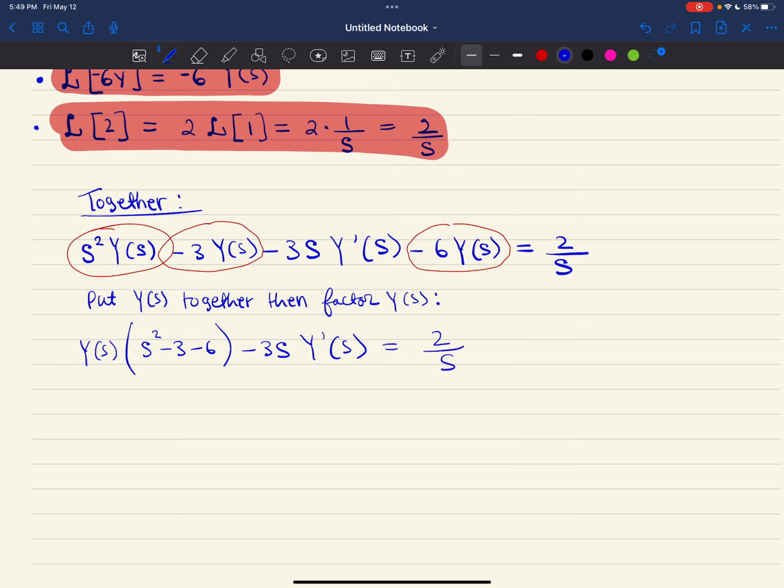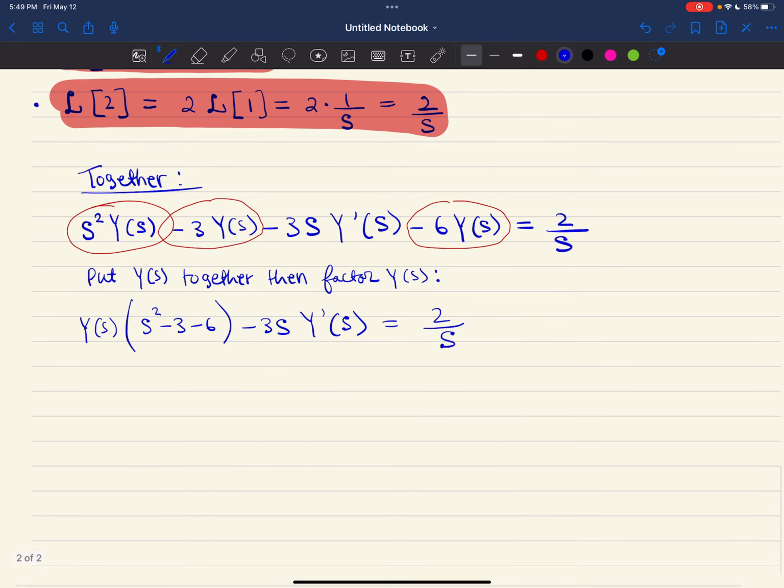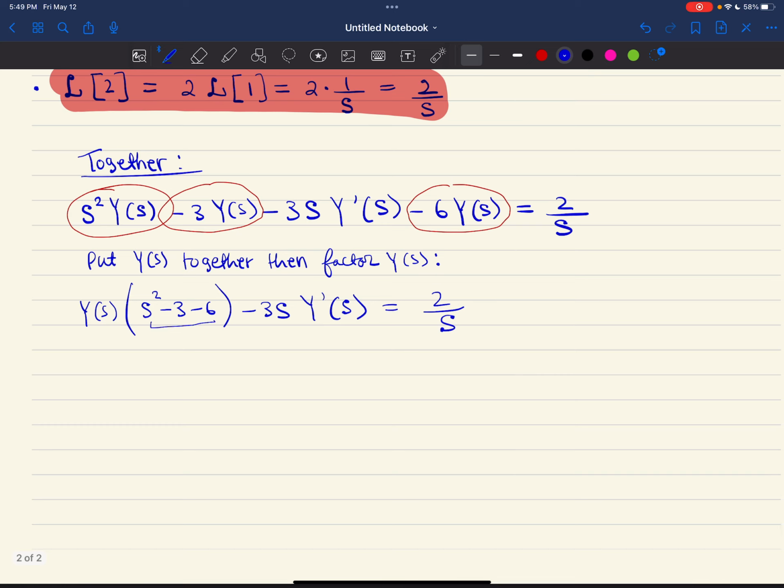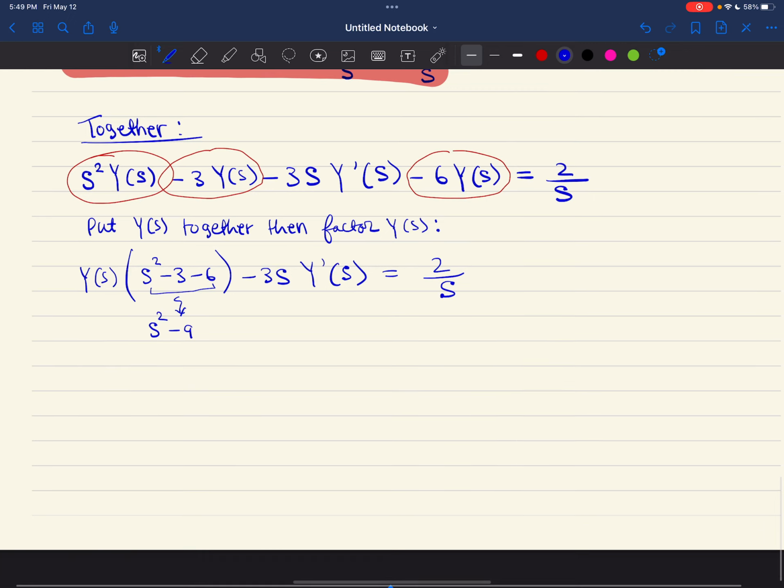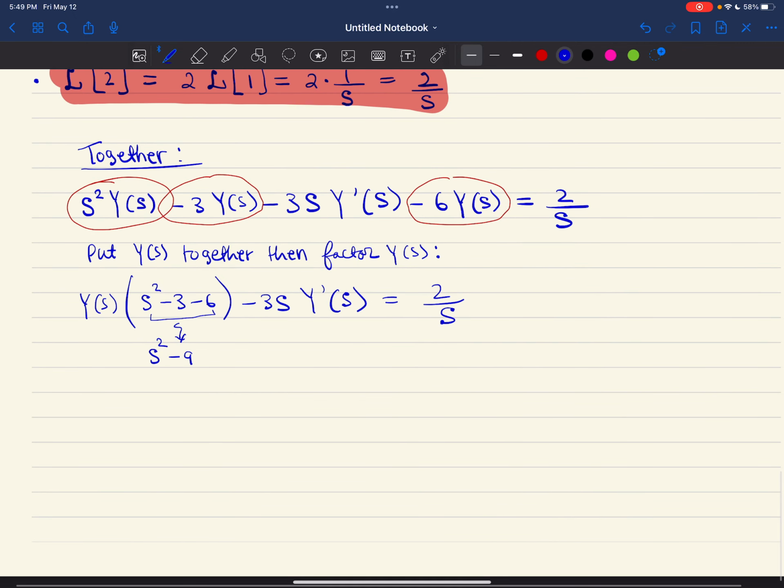After this step, this just becomes s squared minus 9.